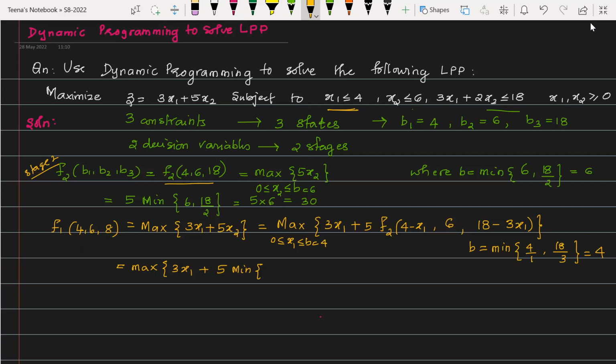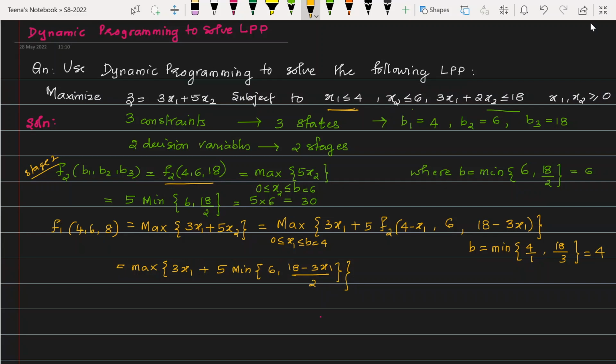From the previous stage it is 5 into minimum of 6 comma 18 by 2, and hence here we should write it as 6 comma 18 minus 3x1 by 2. The previous stage function gets modified with respect to the variables that we have in the present stage. Hope it is okay for you.